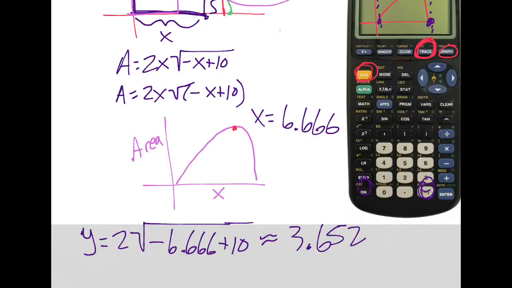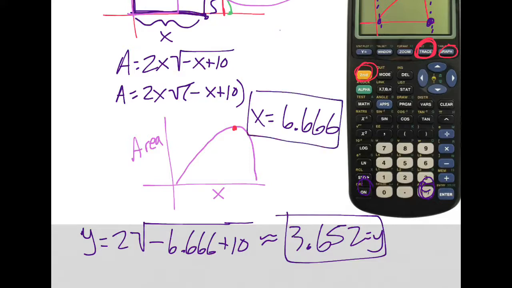If you rounded the 6.66, you get 3.65184, which would go to 3.652. But either way, 1,000ths place like that, not a huge deal, but we have our value right there for y. So we have our dimensions x and y, and we know that the maximum area was 24 point blah blah blah blah blah.